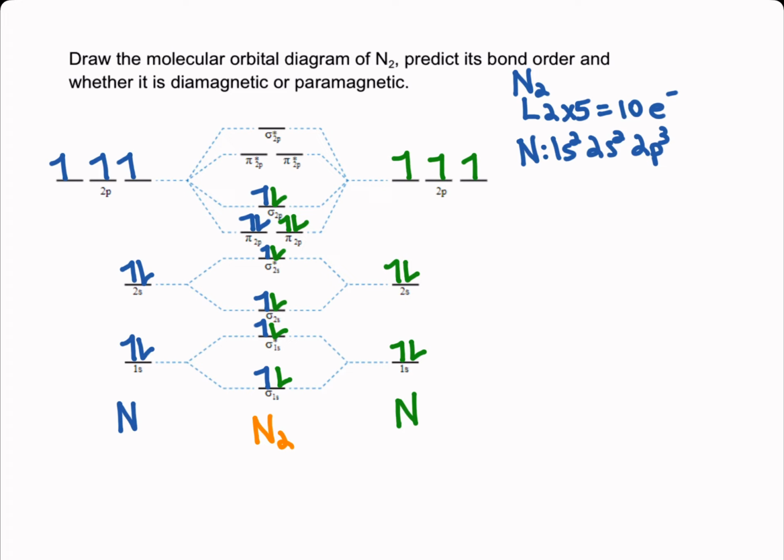We want to make sure that there are going to be 14 electrons in the middle. 2, 4, 6, 8, 10, 12, 14. So we have all 14 electrons.